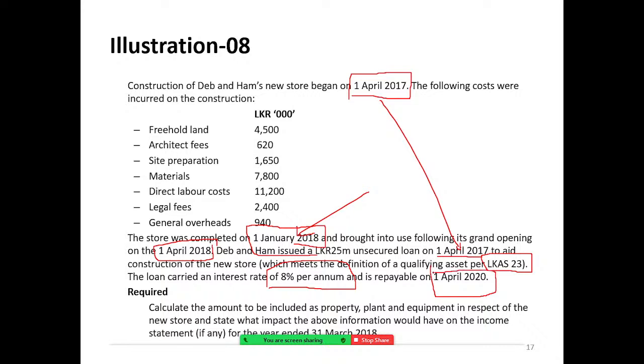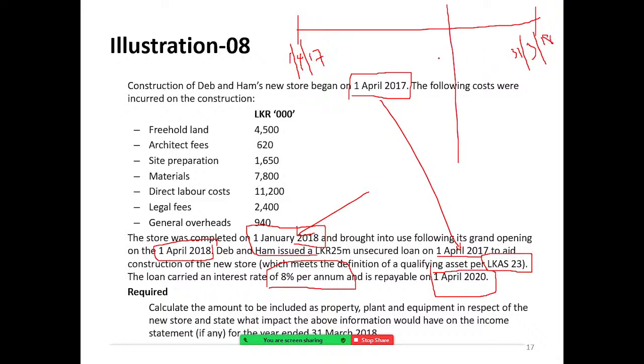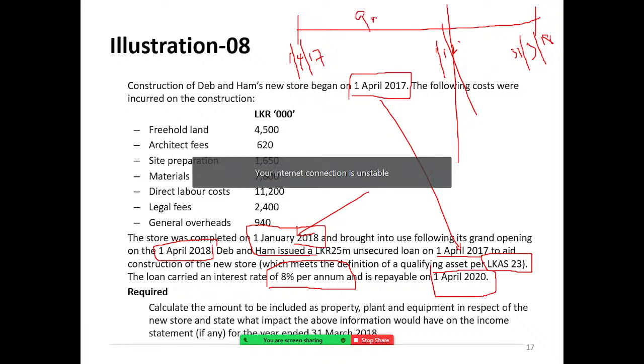So they issued the loan on 1st of April 2017 and the period ends on 31st March 2018, but the construction was completed on 1st of January 2018. So the period is 9 months here, and the remaining period is 3 months.